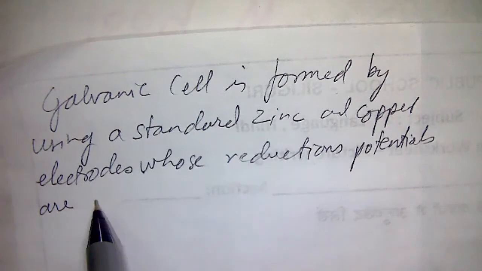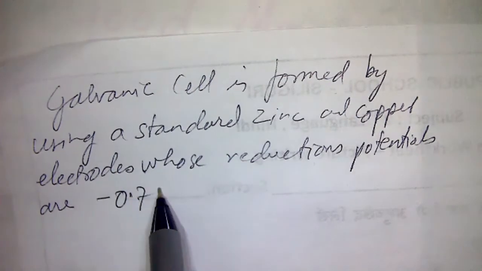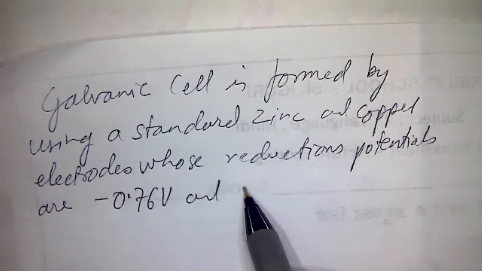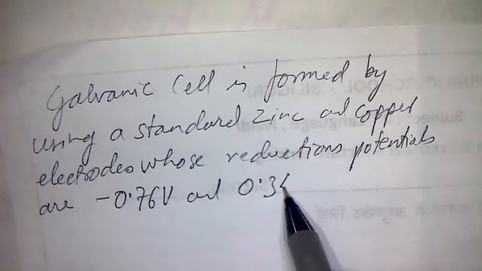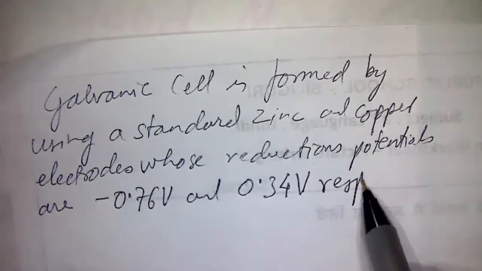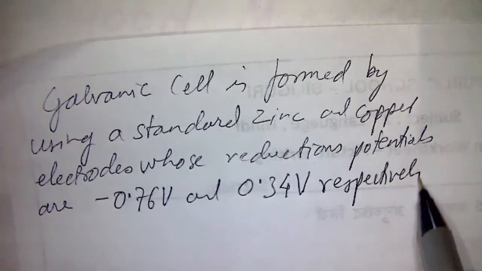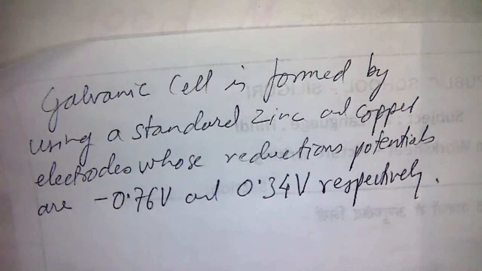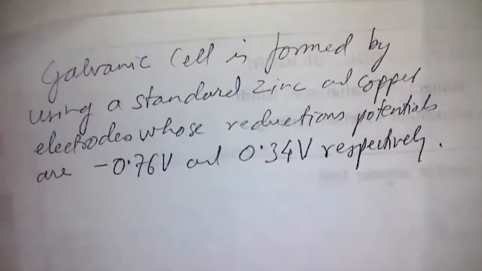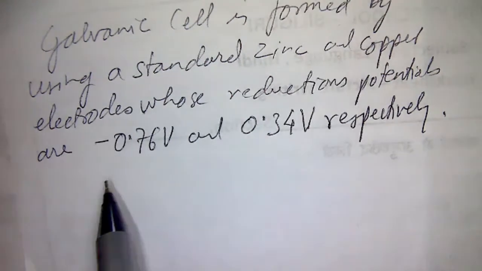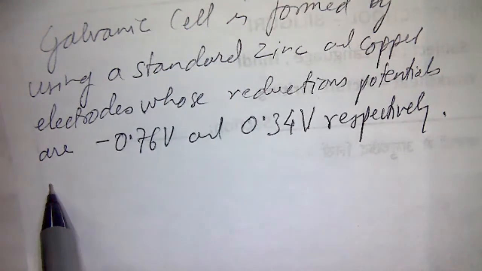For zinc, it is minus 0.76 volt, and for copper, it is 0.34 volts, respectively, in the same order. Now, we have to find out something from here. These two we already know.